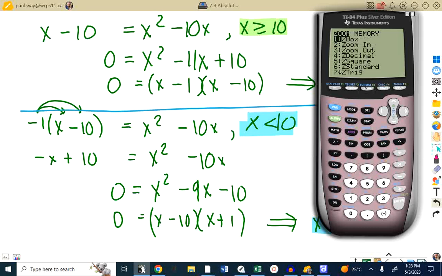Let's go to Zoom Standard because I messed around with my window settings earlier. Well, we should understand that this first function is going to be one of these v's. The absolute value of a linear function is one of the v's. And I can see the left-hand part of the v coming down.